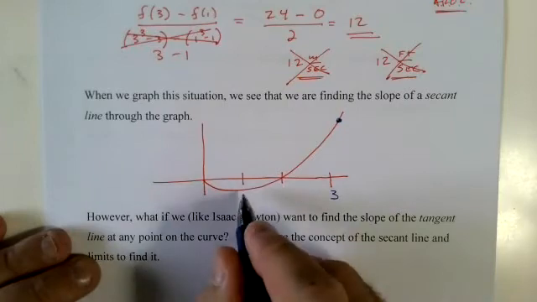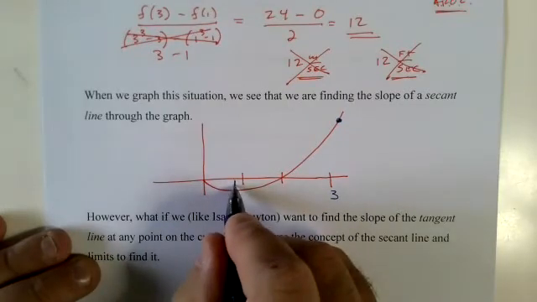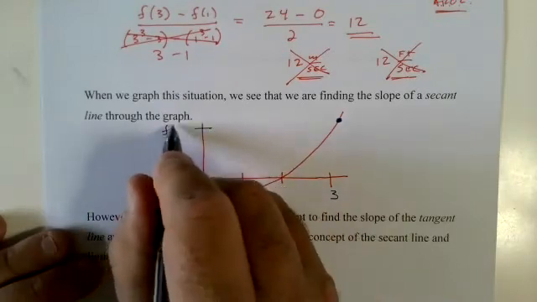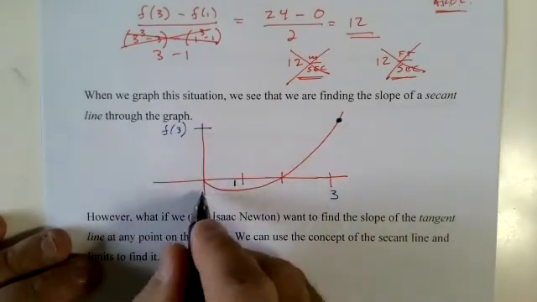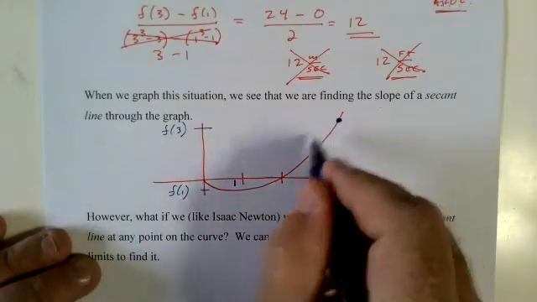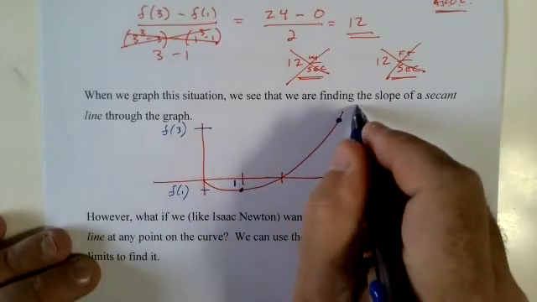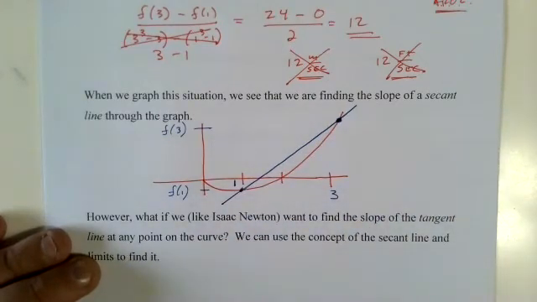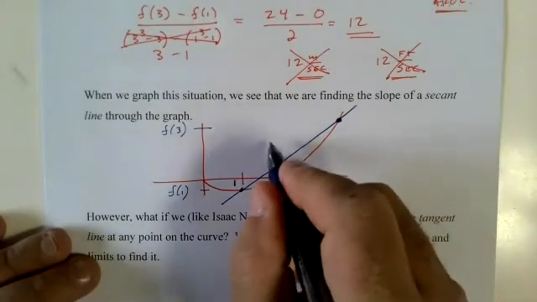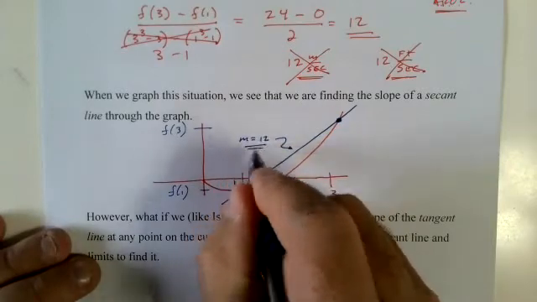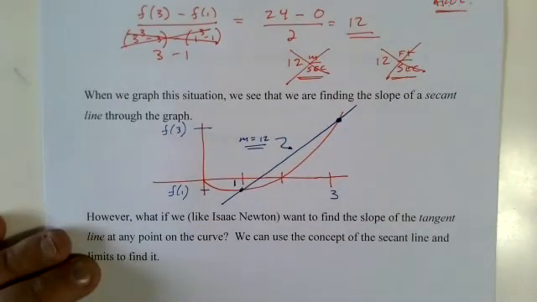Actually, 1 should be there. Here's 1. And what we just did was find the slope from here to here. Okay? And that is an average. And that slope is 12. That's what we just did.